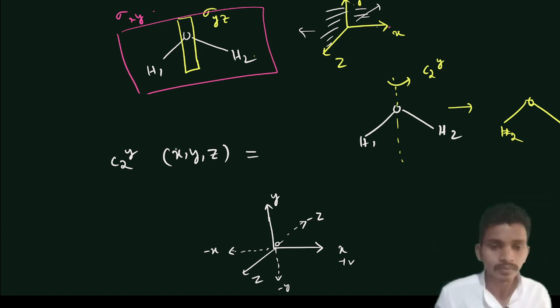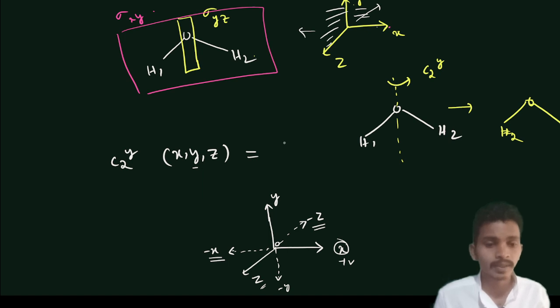So the y axis remains unchanged, this is going to the back side and is negative, and whenever this comes to the front side, it is negative. So x becomes minus x, y remains as it is because I am operating through y, and z becomes minus z. So this is happening.